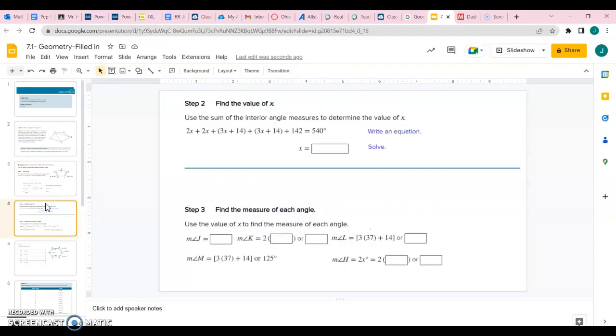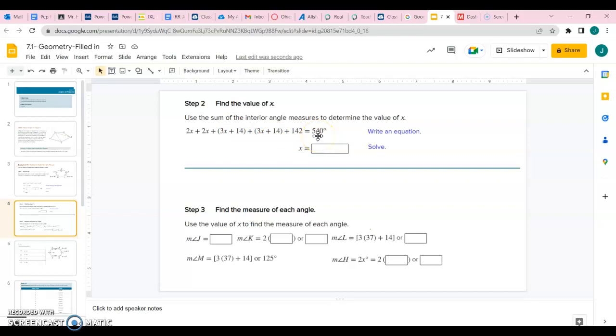So let's look at the next part. Now we can find the value of x because we found out what that polygon equals: 540 degrees. So we'd plug in all the angles from the polygon: 2x plus 3x plus 14 plus 3x plus 14 plus 142 equals 540.